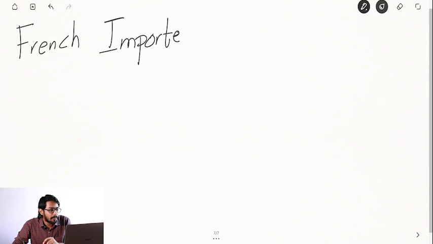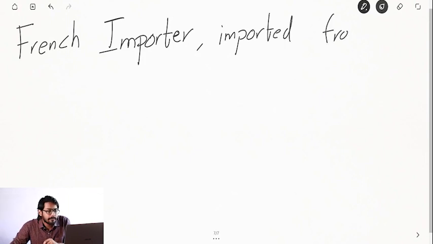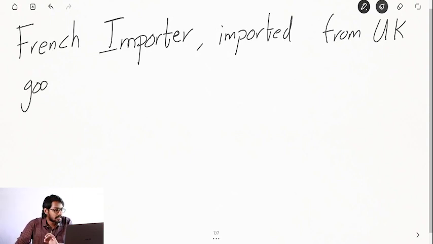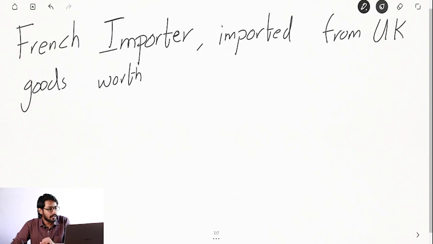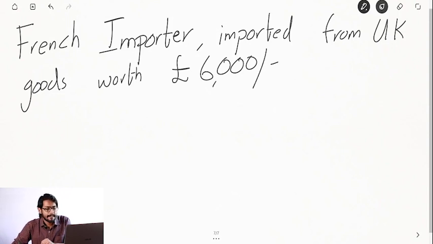A French importer imported from UK goods worth 6,000 pounds.